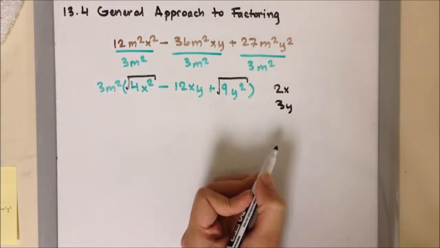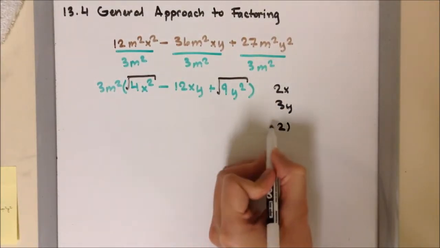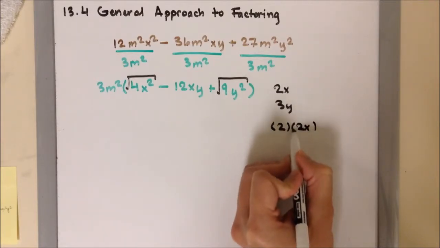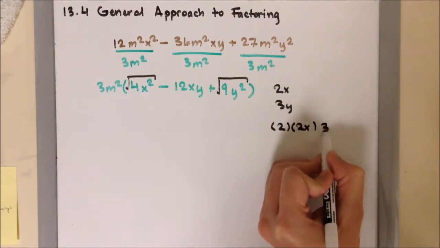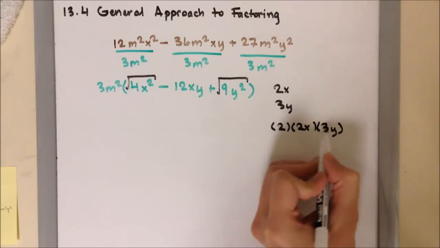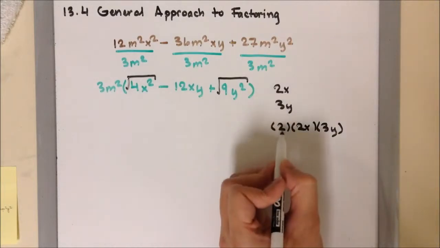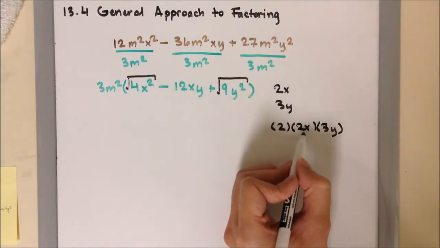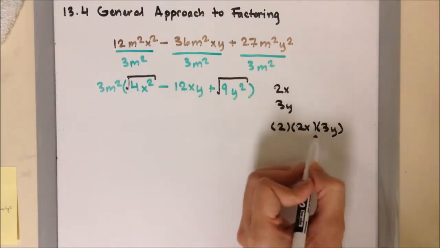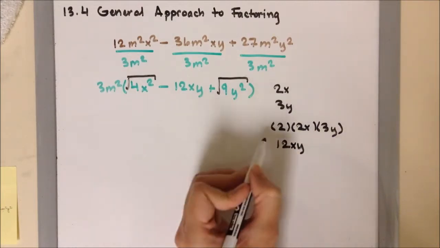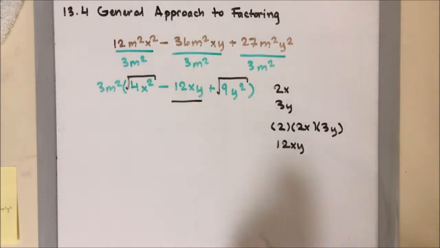So if I were to check 2 times my a value, which is 2x, times my b value, which is 3y, this is again a method to check if this is a perfect square. 2 times 2x is 4x, and then 4x times 3y will be 12xy, which matches the middle term.